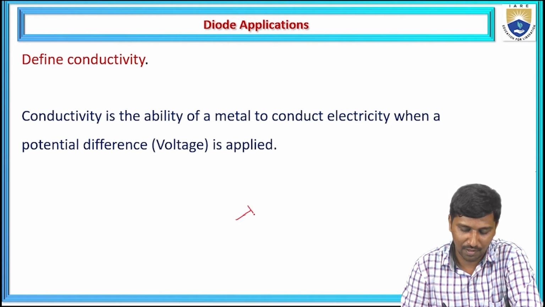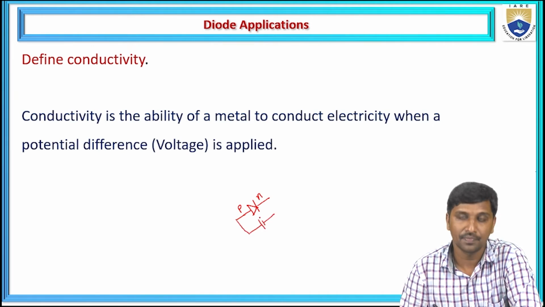let us take, we know that this is the symbolic representation of a PN diode. This is P-type material and N-type material. For this PN junction diode, we are going to apply some amount of force, let us take the force in terms of voltage.